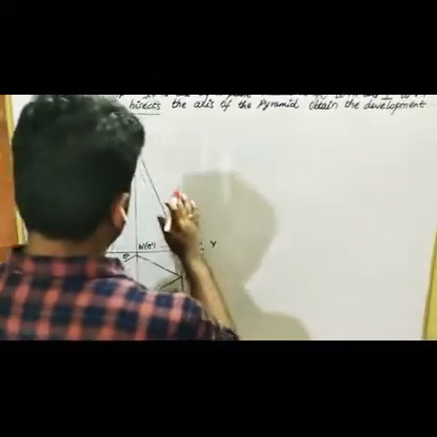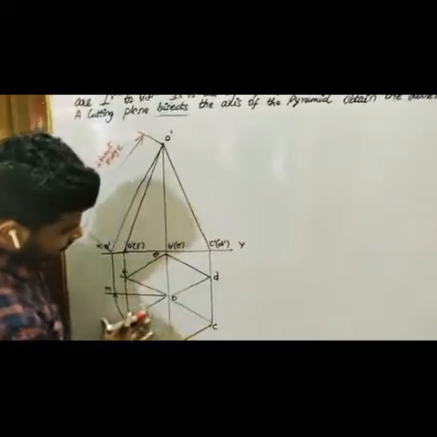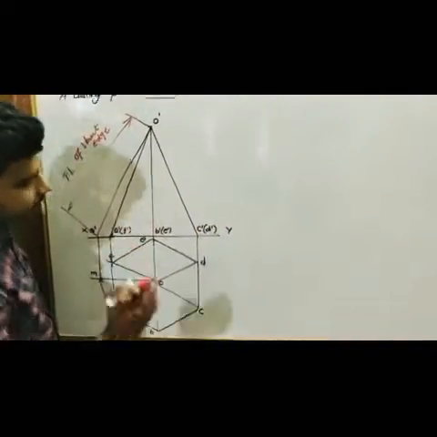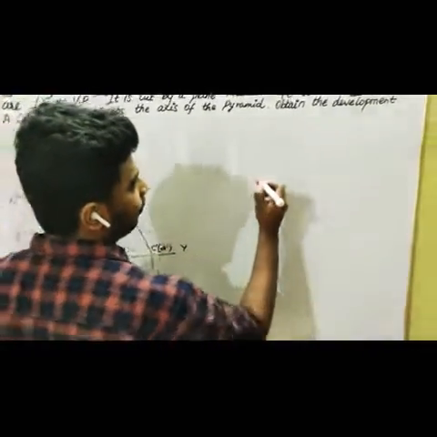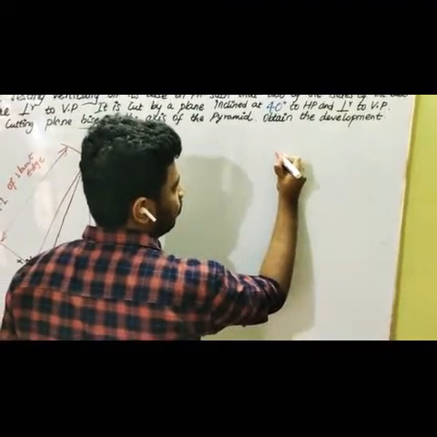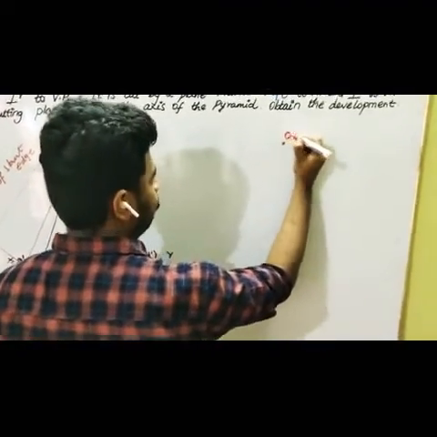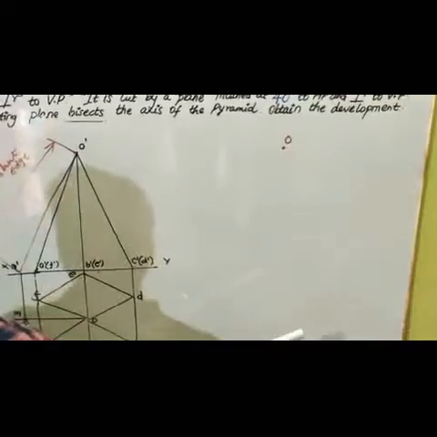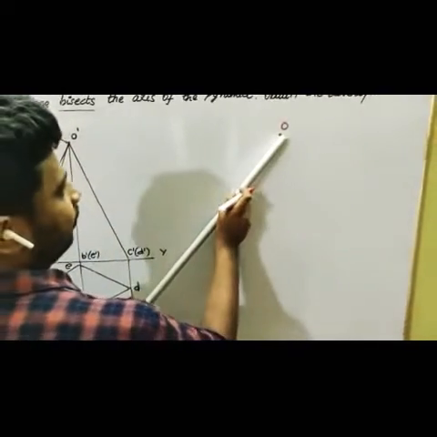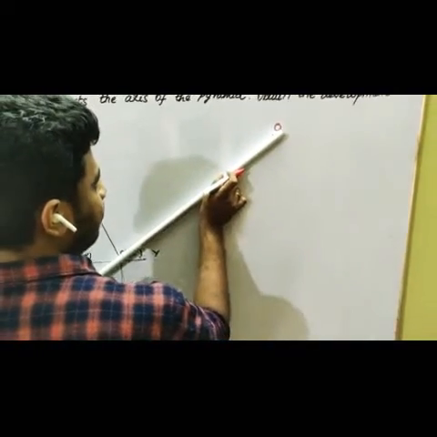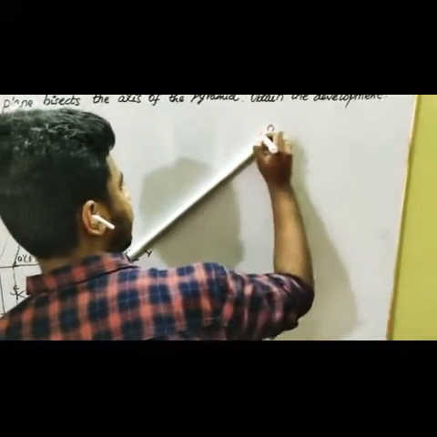So for that, this solid has 6 equal sides. So I am going to make a point called O. This is your center, right? And I'm going to draw the first edge, which has a length of OA.